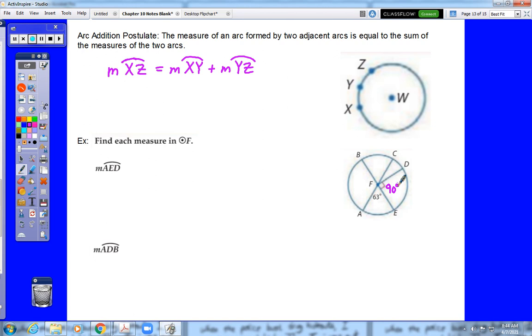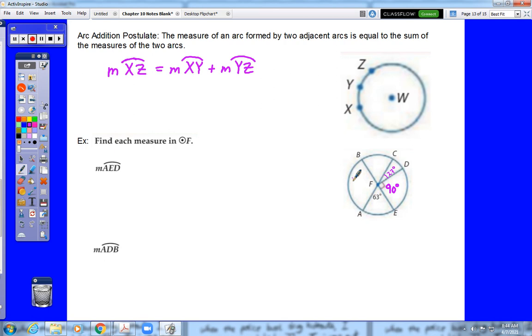That's a diameter, which means, how do we find this last little bit of an angle here? Good, 180 minus 90 and 63. So 180 minus 90 is 90, and 90 minus 63 gives us 27 degrees. That is a 27-degree angle right there.